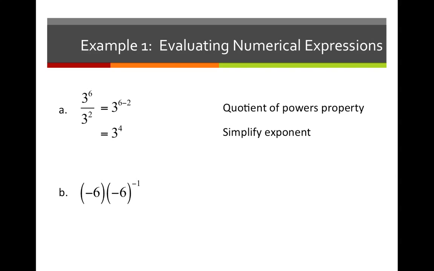And then the question I always get is, well, how do we know if we should just leave that in exponent form or if we should actually work it out? And my answer to that is you're going to use what I call sort of the 10-second rule, which basically means if you can work this out in about 10 seconds, then you need to work it out.